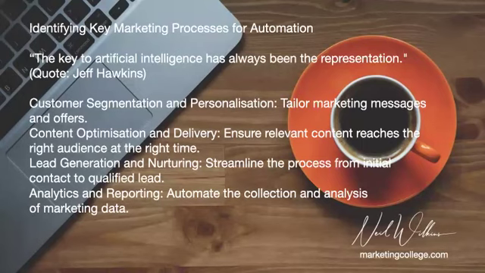Lead generation and nurturing, another really interesting one to explore here in terms of automation. You can streamline the process here from initial contact all the way through to qualified lead.